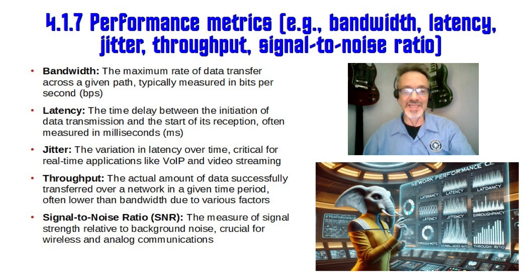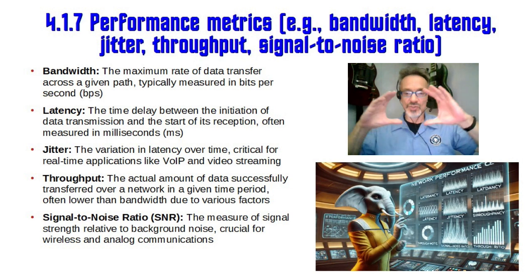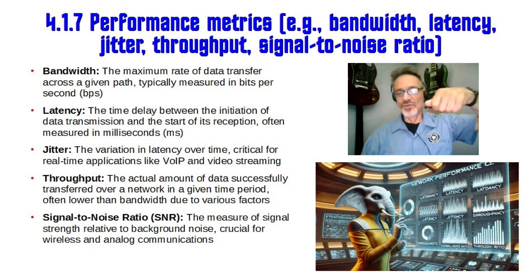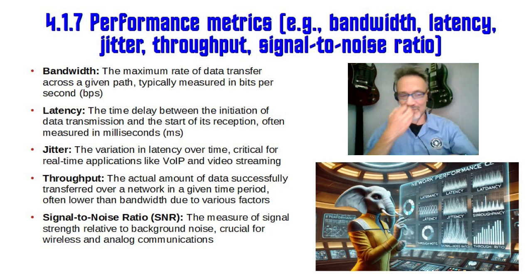Latency is the delay time between data transmission and reception. It's critical to understand for real-time applications like voice over IP or video conferencing, where even slight delays can cause issues. I like to think of bandwidth in the plumbing sense of how much water can I push through the pipe, and latency, how long from the time I turn on the faucet does the water come out.